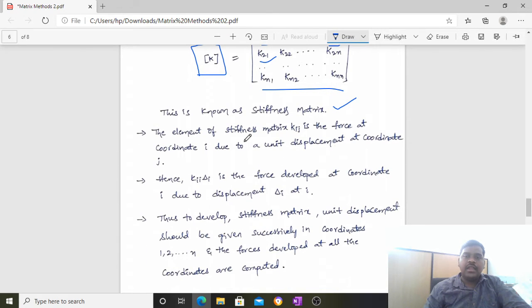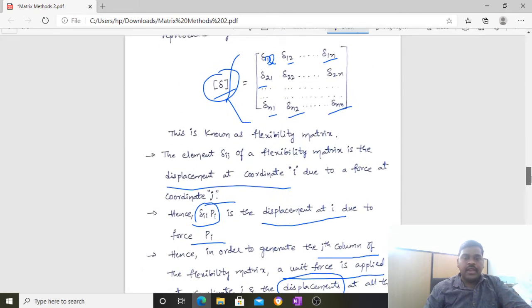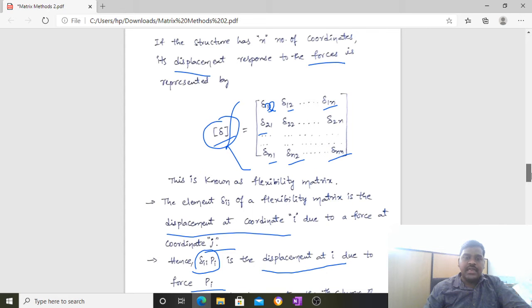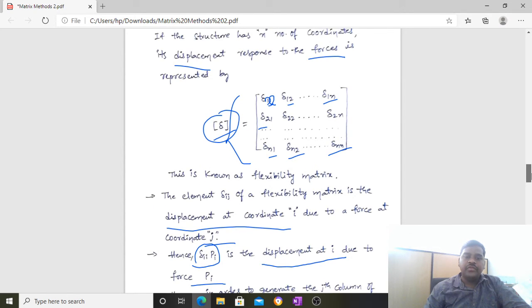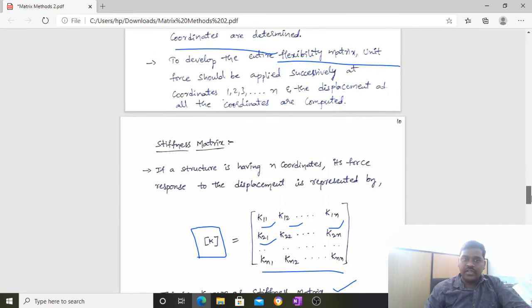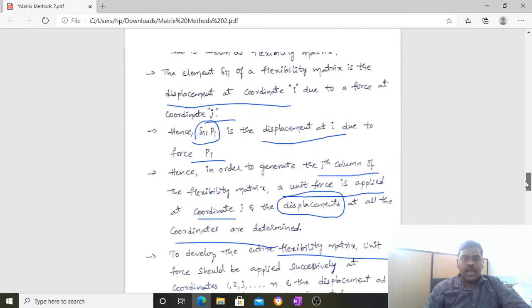So the element Kij is the force at i due to unit displacement at coordinate j, whereas in flexibility matrix, delta ij is displacement due to the force, and here Kij is force due to the displacement. This is opposite to one another. This flexibility matrix and stiffness matrix are opposite to one another.